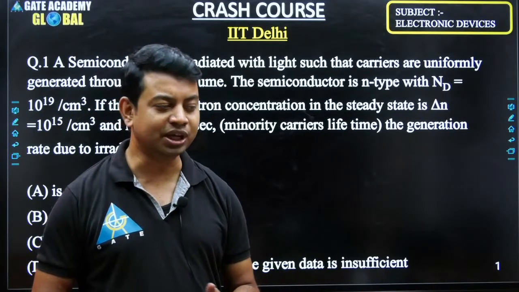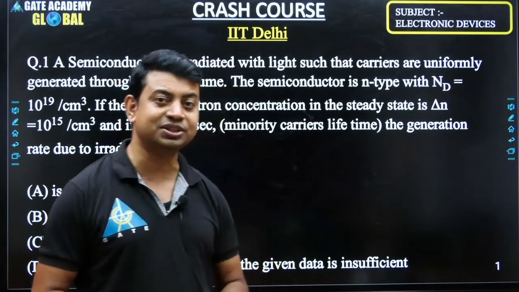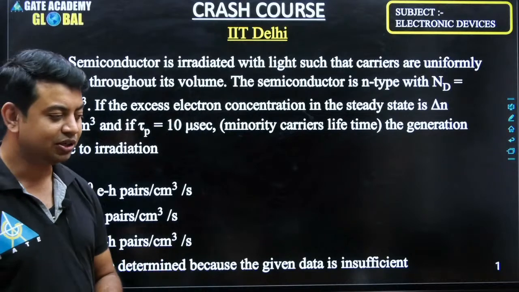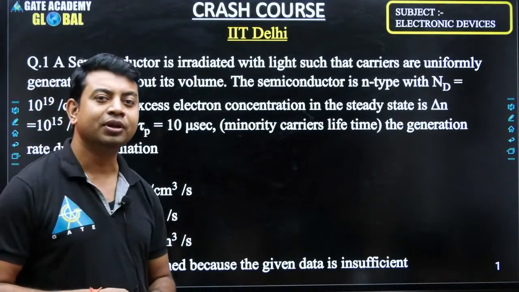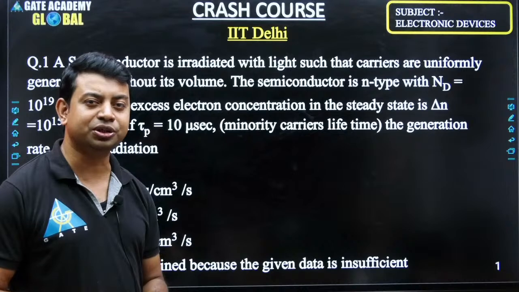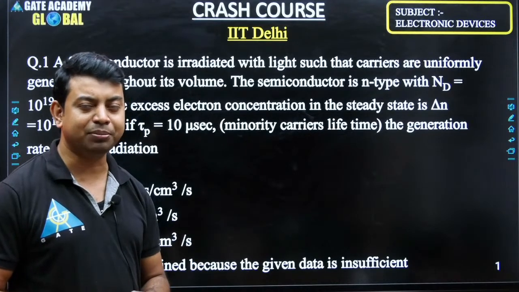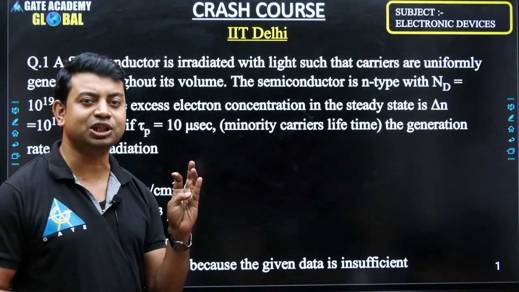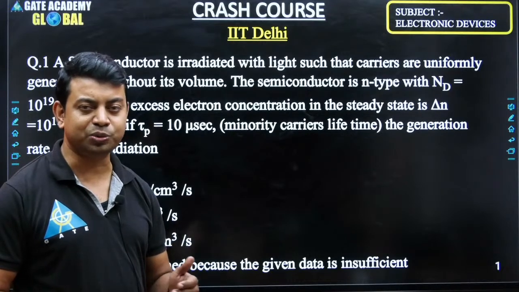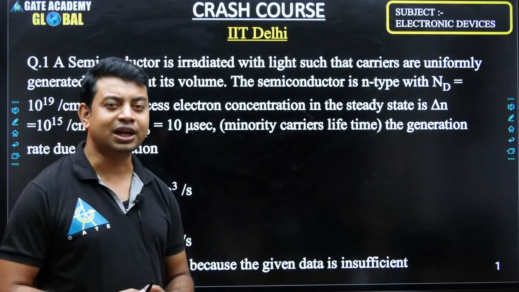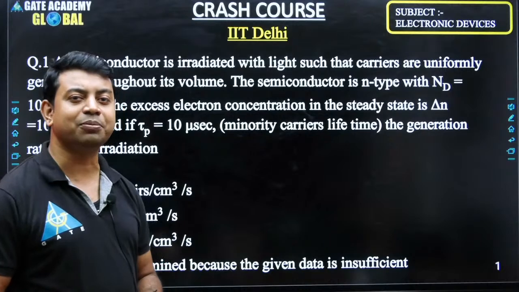Okay, so we are going to see what other things have been asked in this question. You just keep in mind that we can analyze the illumination of light in 2 different parameters, one with respect to time, one with respect to distance. So there are 2 parameters on which the light irradiation on a semiconductor can be analyzed.